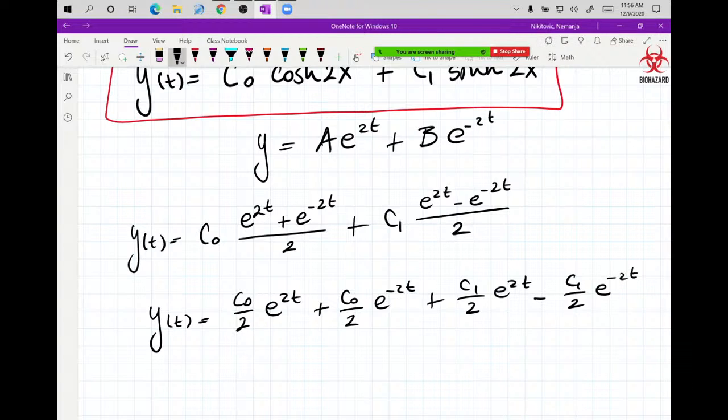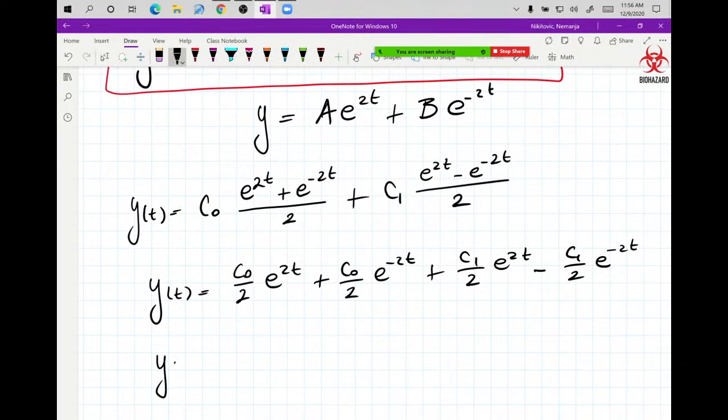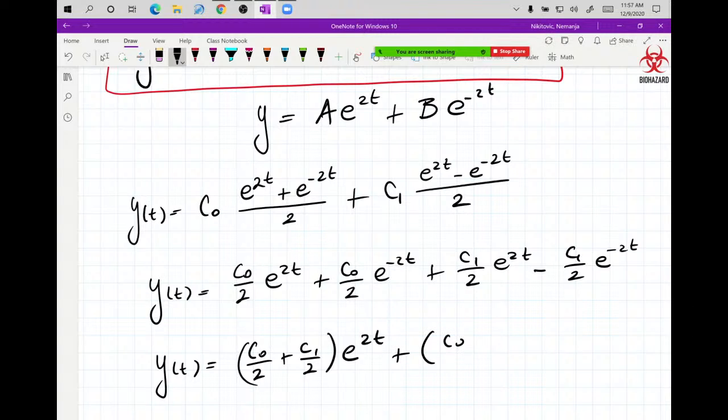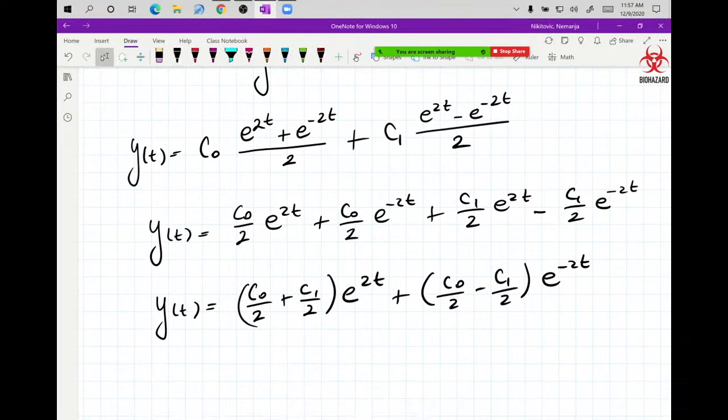And now when you collect these terms, you have (c0 over 2 plus c1 over 2) e to the 2t plus (c0 over 2 minus c1 over 2) e to the minus 2t. And here's your a and here's your b. That's how they're related. So it is the same type of answer. The question is just which form do you want?